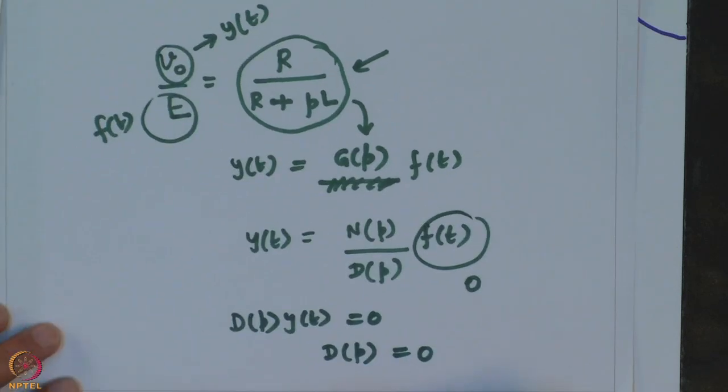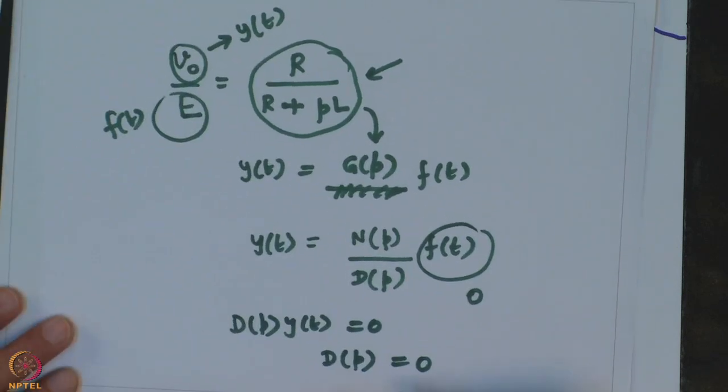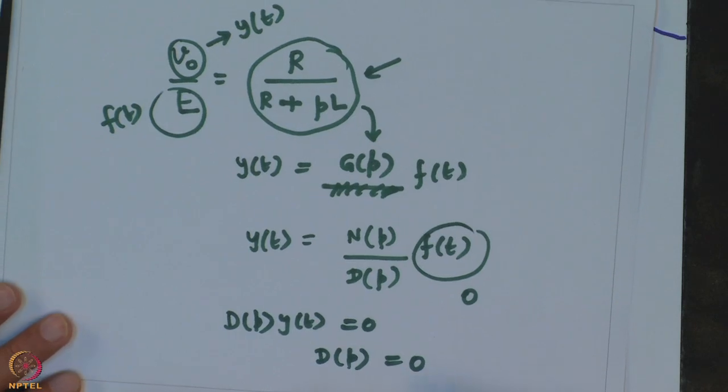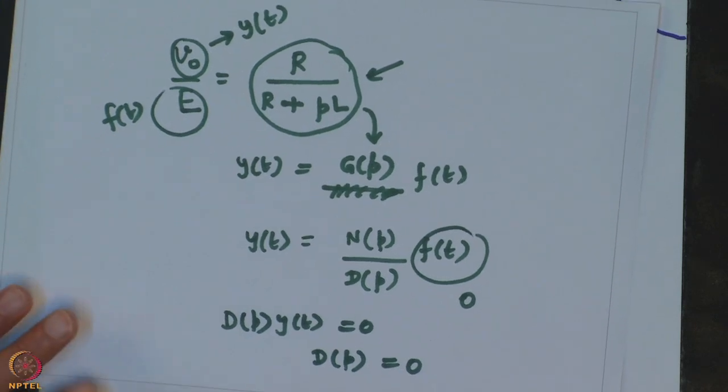This polynomial equal to 0 is also called the characteristic equation of the system, and it governs the behavior of the natural response of the system, as we will see in examples that will follow now.